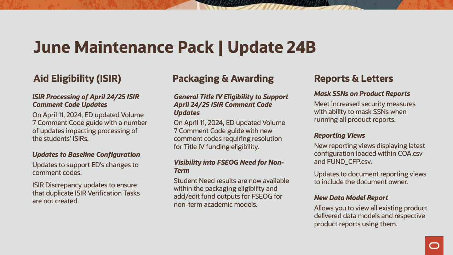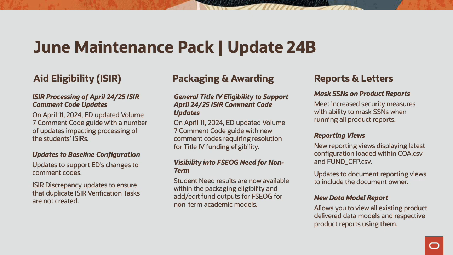And as part of this update, we also released baseline configuration to align with these changes. In addition to the ED updates, we also released a change to our ICER discrepancy configuration to ensure that duplicate ICER verification tasks are not created.